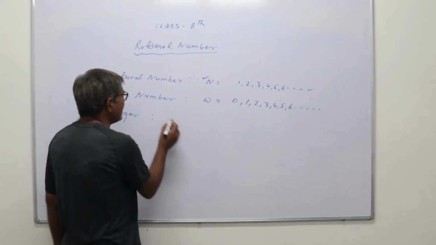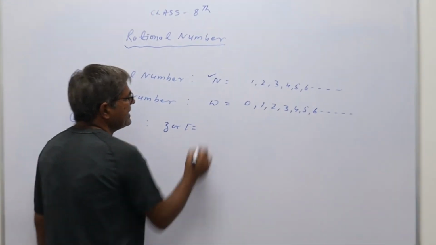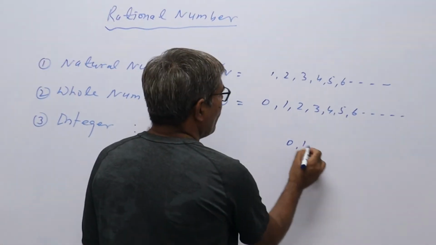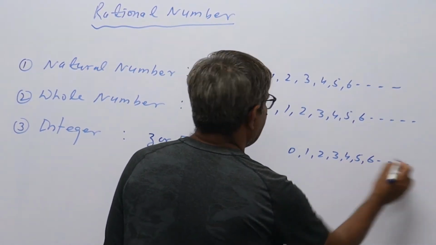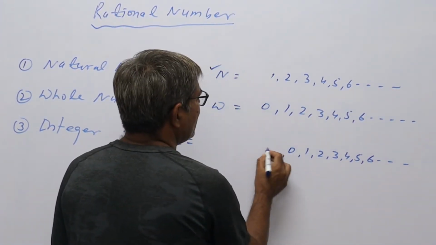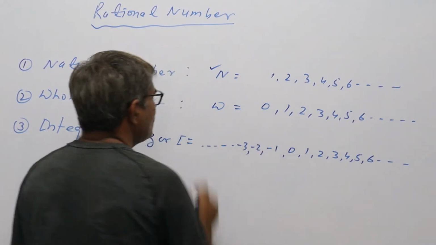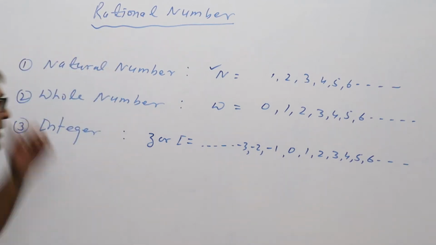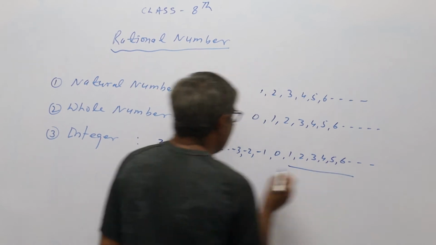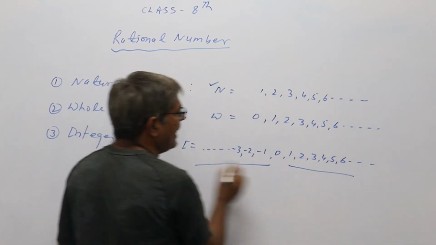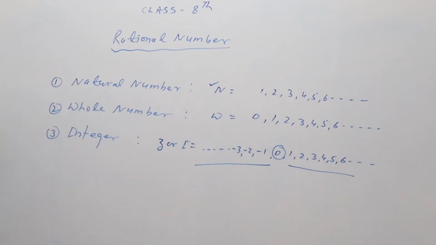So the integers are represented by capital Z or I, and these are 0, 1, 2, 3, 4, 5, 6 and so on, and left to the 0 are -1, -2, -3 and so on till minus infinity. So the collection of all these positive complete numbers, all these negative complete numbers including 0 are known as integers.